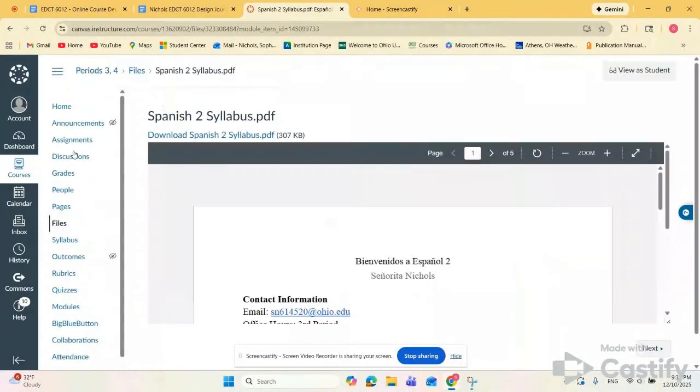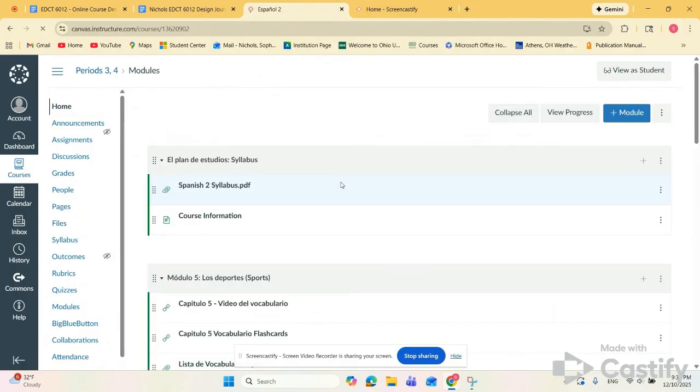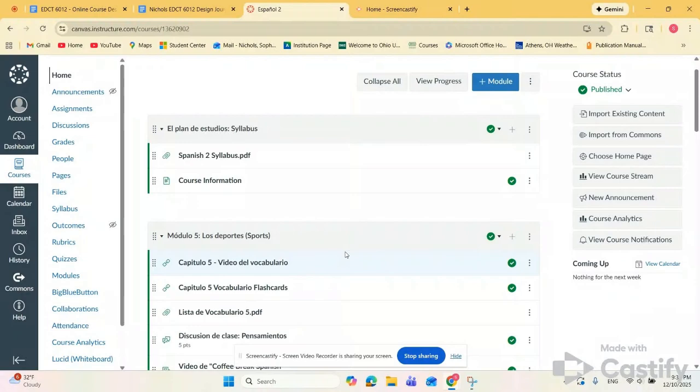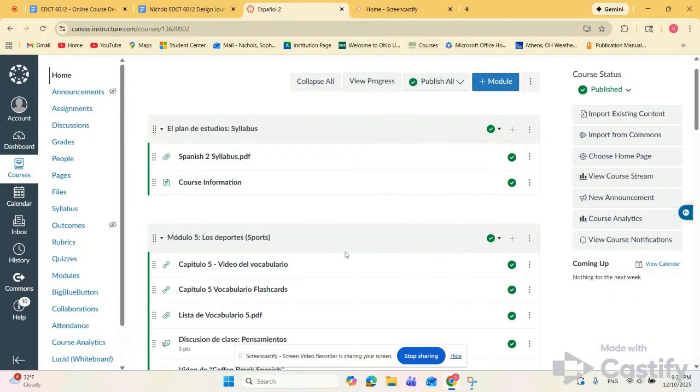I formulated this class to be mainly focused on vocabulary and grammar, as I wanted to make it a flipped learning classroom or a blended classroom where most of the activities that students do on the online course section are for recalling what they've learned in class.